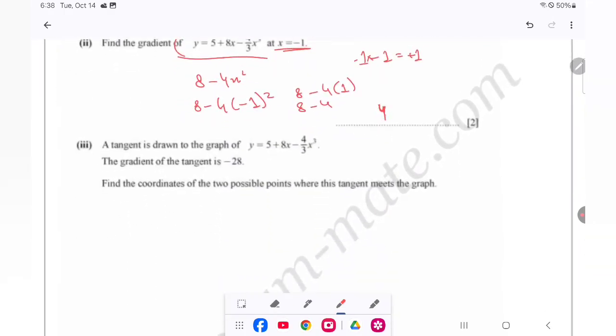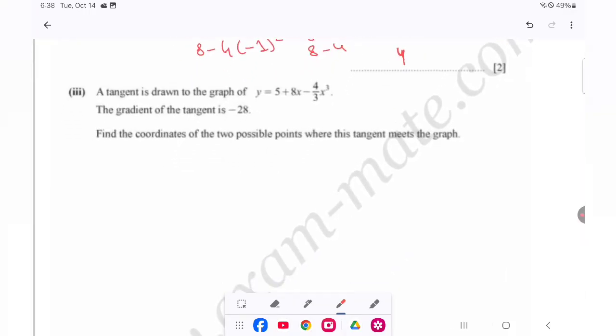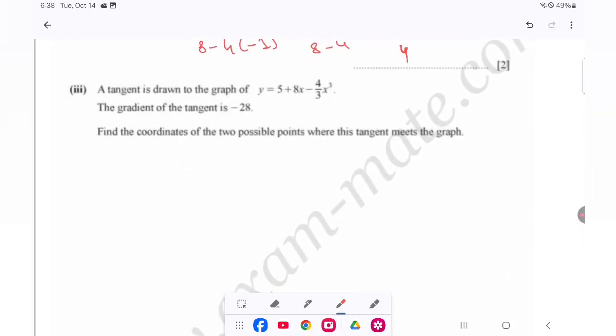Now on the third part, our tangent is drawn to the graph of the given condition, and the gradient of the tangent is negative of 28. Find the coordinates of two possible points where this tangent meets the graph. For that, our derivative for the gradient is negative of 28, which is given.